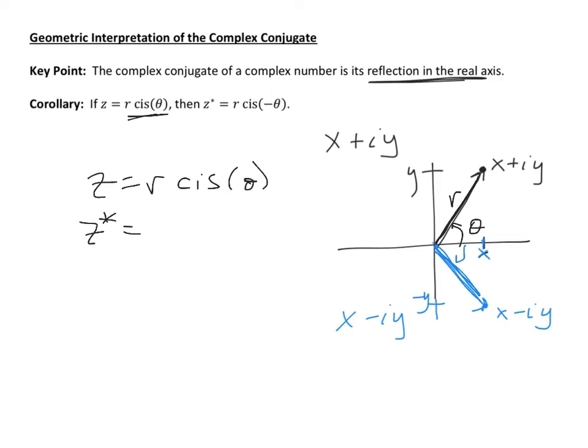It's just that the angle instead would be negative theta. So we could write this as r cis negative theta. What this means is anytime you see a negative angle inside of one of these, you can potentially think of it as the conjugate of the same thing with a positive angle. That's something we're going to come back to several lessons down the line. For now, I'm just going to lay it out and leave it here.